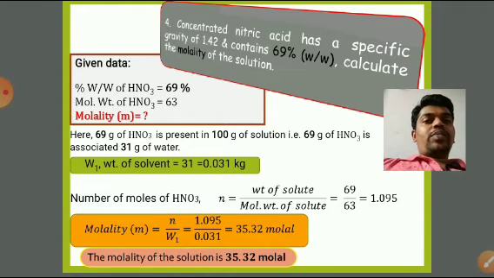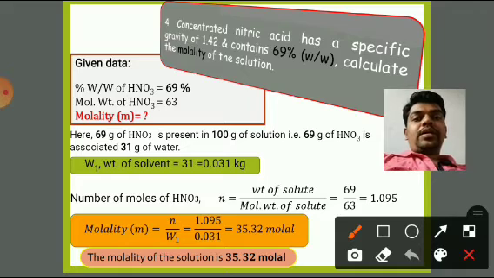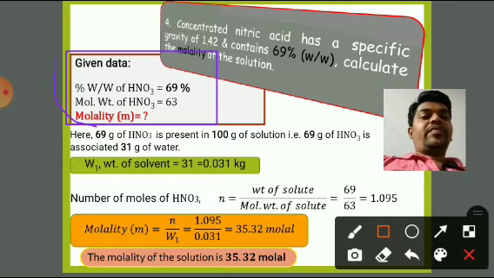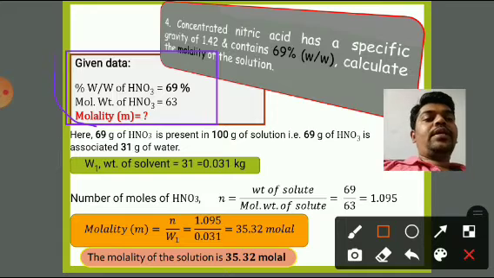In this problem also, the weight by weight percentage is given of a solute, that is nitric acid. So we have the given data: the percentage weight by weight of HNO3 is 69%, and the molecular weight of HNO3 is 63. Then we have to calculate the molarity, small m.